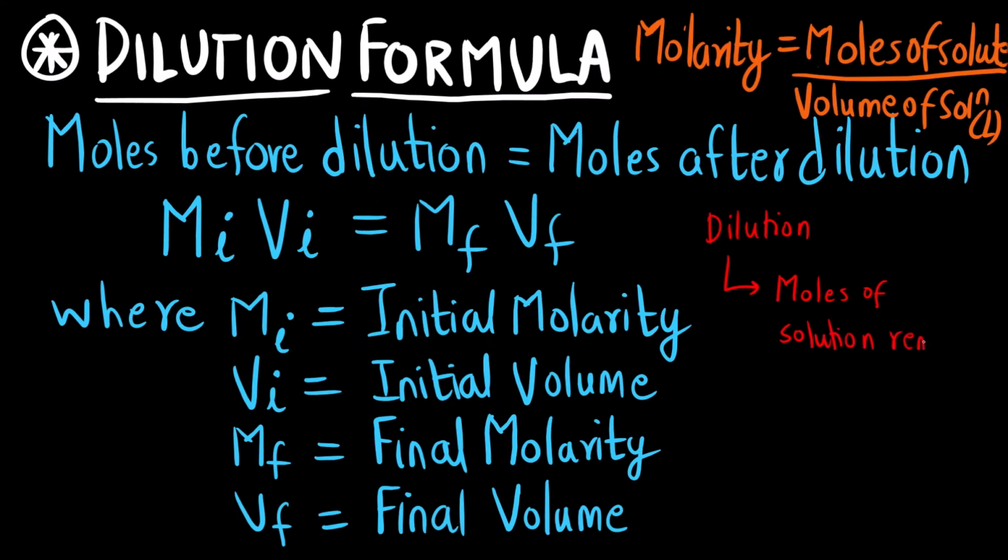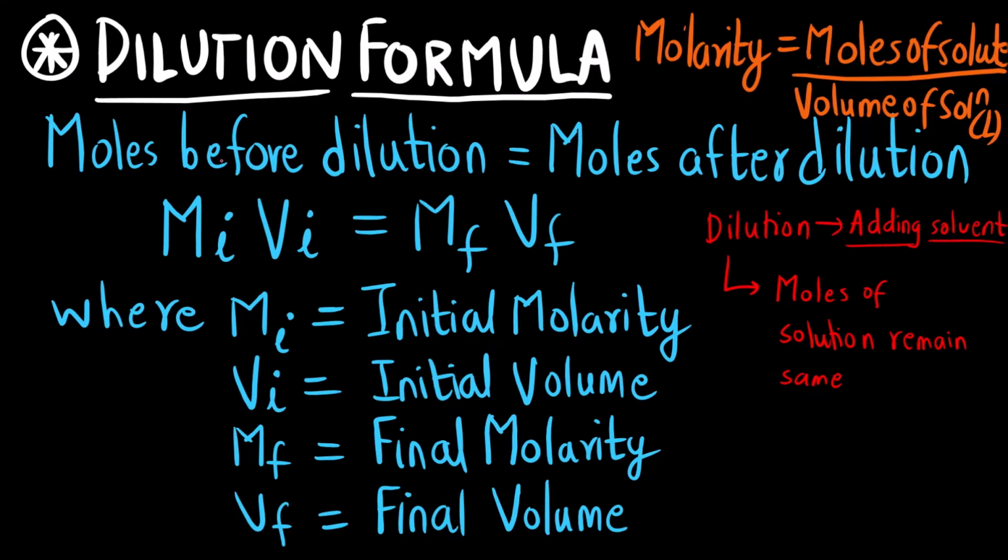Why? Because we are not adding any excess solid KMnO4 to the solution, so the moles in the solution remain the same. What we do in the case of dilution is just add solvent.